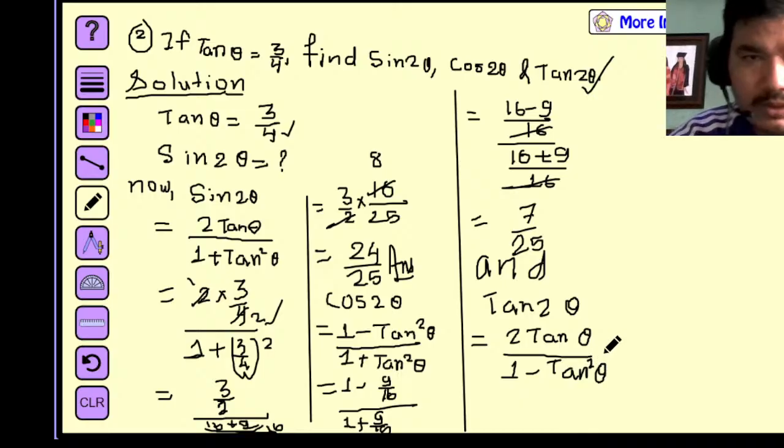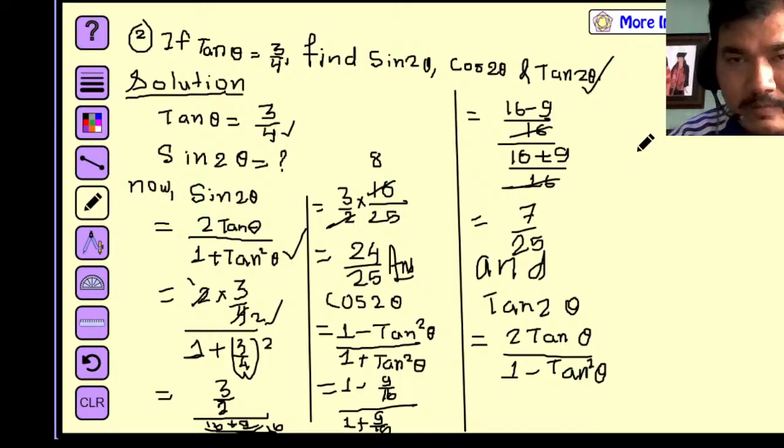Look at children, most of the students become confused here. Sine 2 theta in terms of tan theta and tan 2 theta in terms of tan theta are different: here is plus in the denominator, here is minus in the denominator. Then while solving this one, look, I want to show you here.